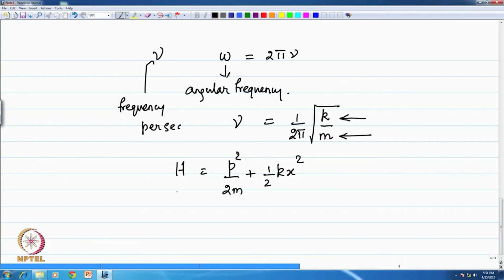If you want to write it using the angular frequency, you can write this as p square by 2m plus half m omega square x square. Okay. So this is the classical Hamiltonian.